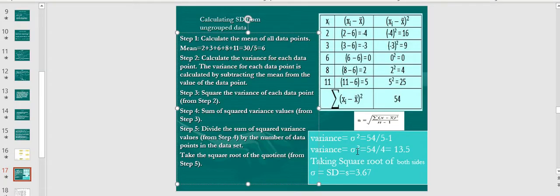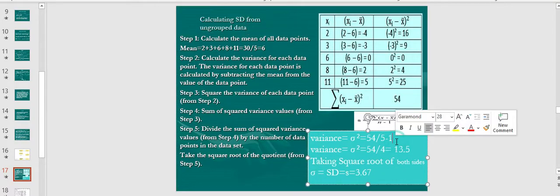Okay, and this is the variance, which is 54, the sum of the squared deviations, divided by 5 minus 1. 5 minus 1 is the sample.